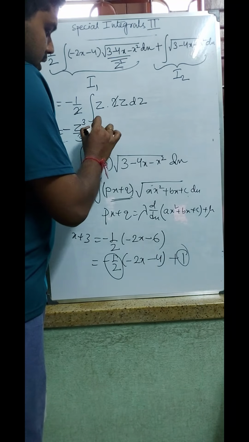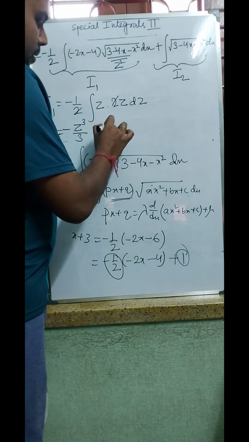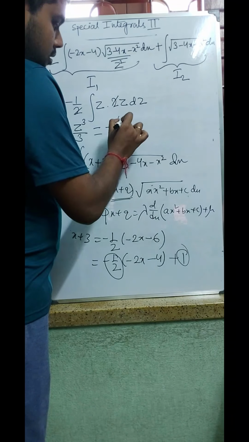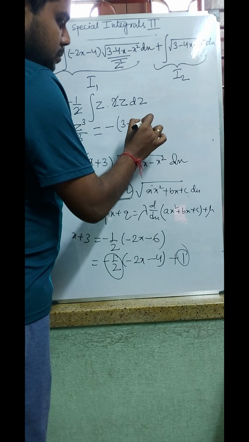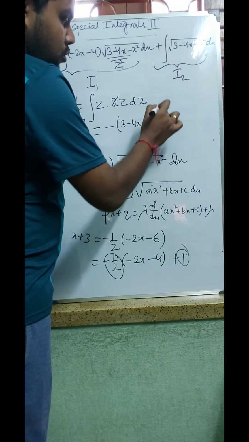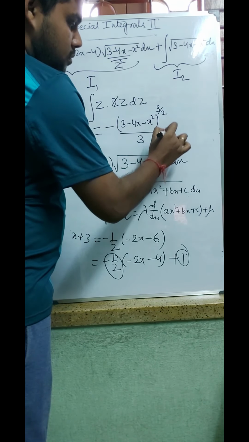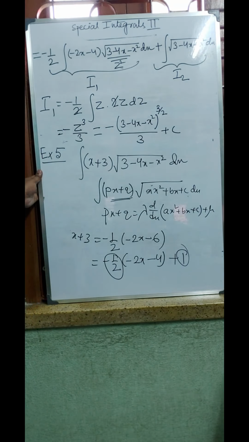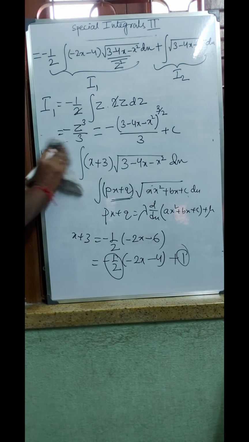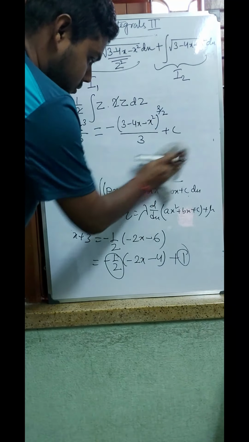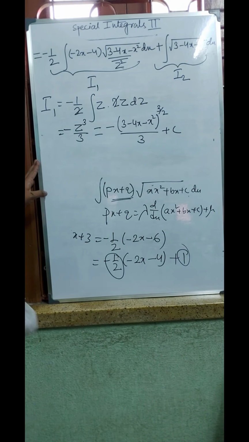So z cube by 3 is basically minus 3 minus 4x minus x square whole to the power 3 by 2 by 3. This is the first part.